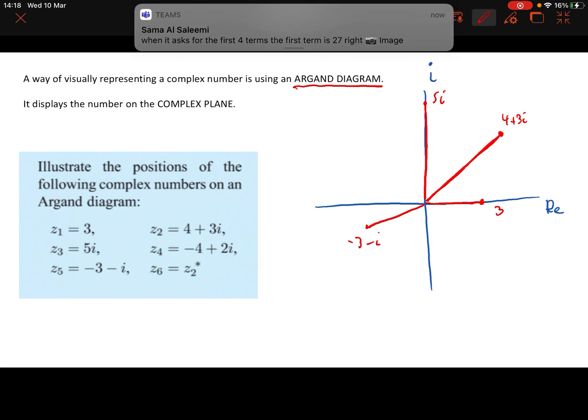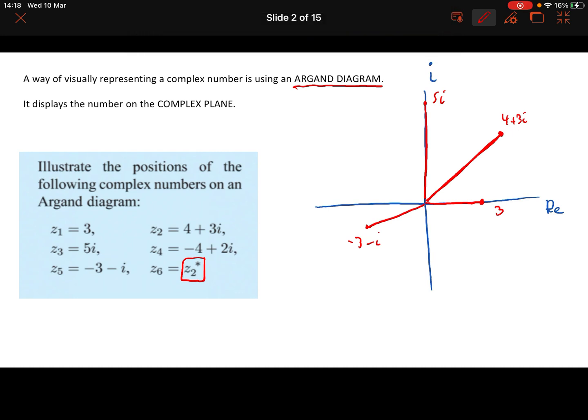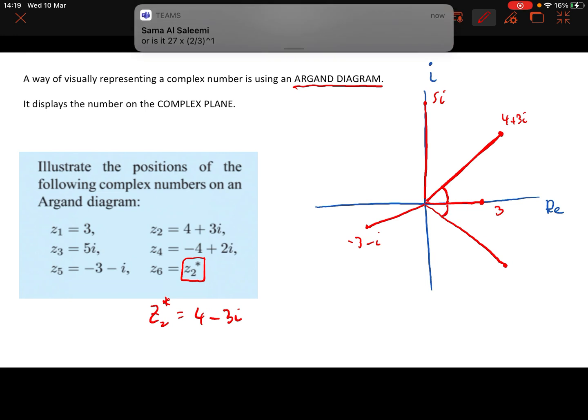Z6, remember this, is the conjugate pair for Z2. So Z2 conjugate would be equal to 4 minus 3i, so it would be somewhere like this. Spot that it would actually have a symmetry, so that angle would be the same as that angle. That will be useful later.